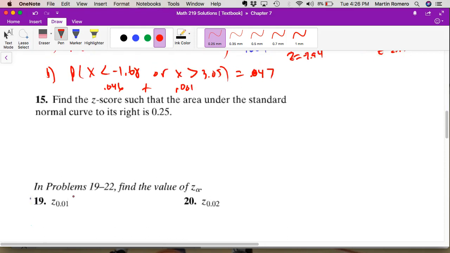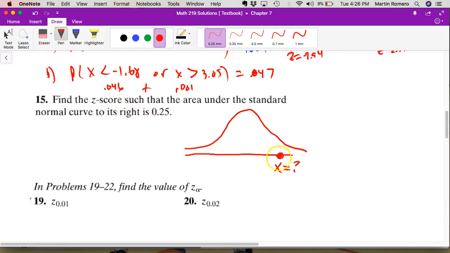Problem number 15 now. Find the z-score such that the area of the standard normal curve to its right is 0.25. So again, here we're looking for a value this time, this value right here. What is this x or z-score equal to?